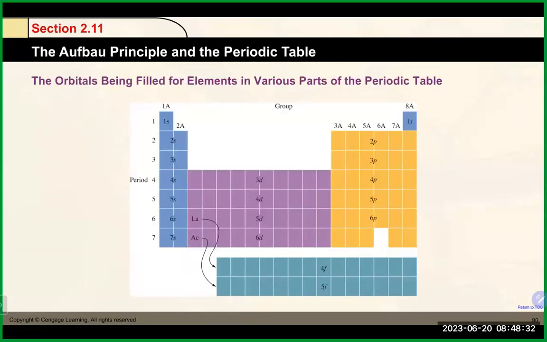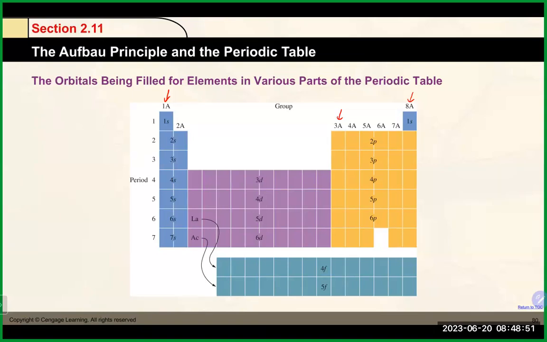So once again, here are the group numbers, and we do use that A numbering. 1, 2, group 3 is here, and all the way down to group 8. We can actually use the periodic table to count off electron configuration if you know what you're doing.